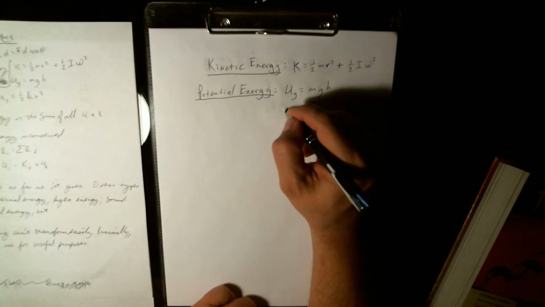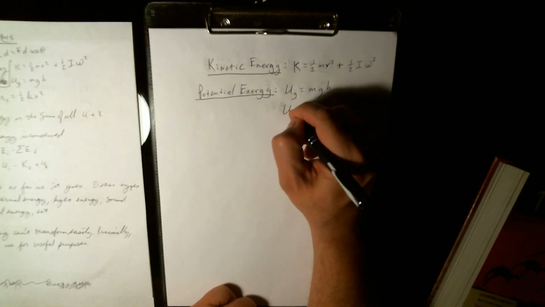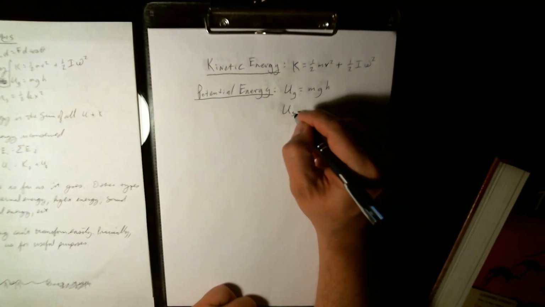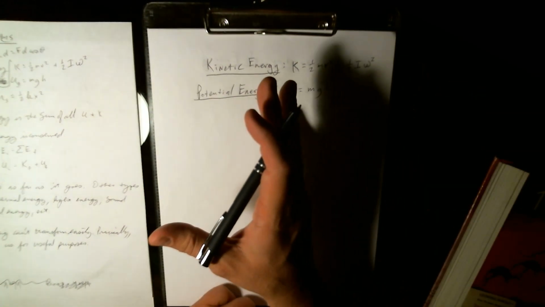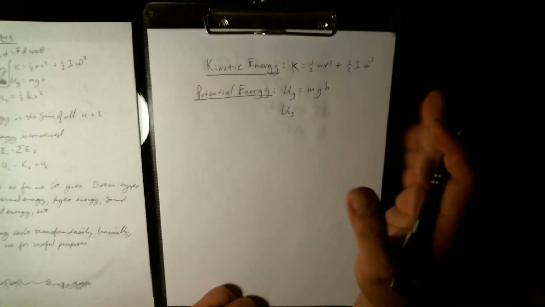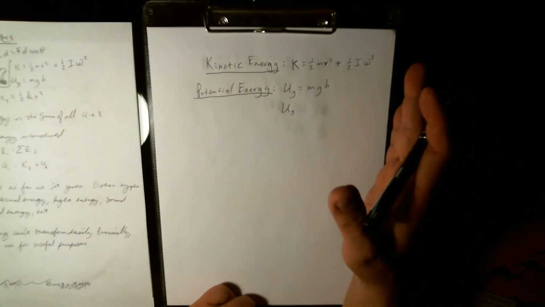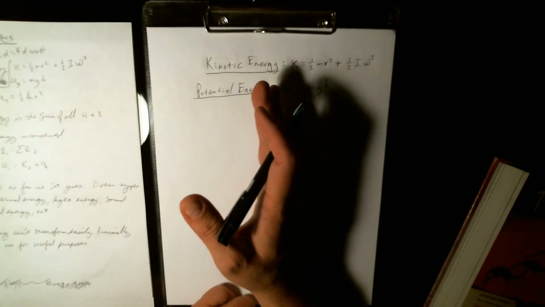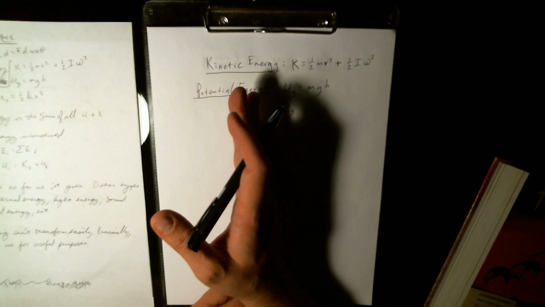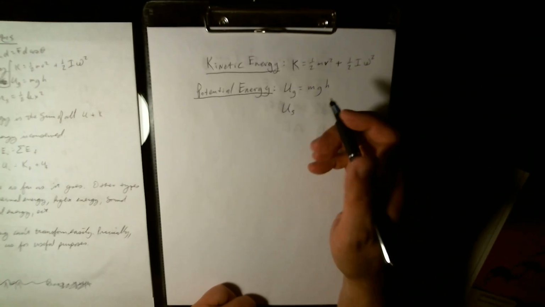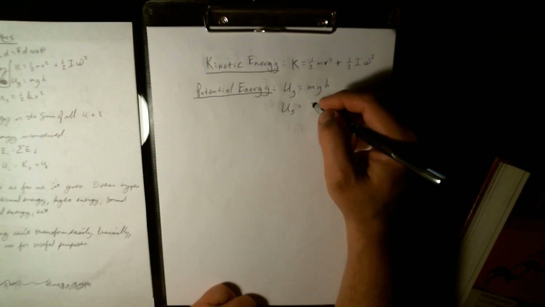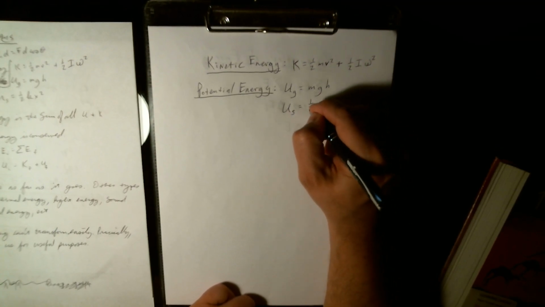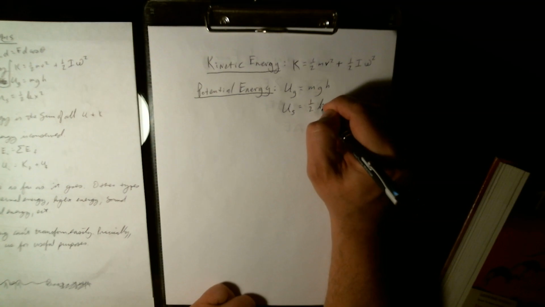And another type of potential energy we talked about was the spring potential energy. So if you compressed a spring and then an object like boinged away from it, so you have an object here, you've pushed the spring, and then you let it go, then the potential energy that's stored in the spring over here is going to be 1/2 times k, which is the spring constant.